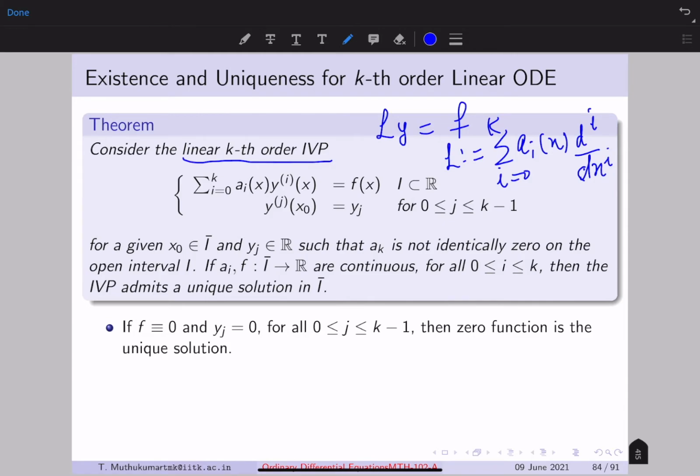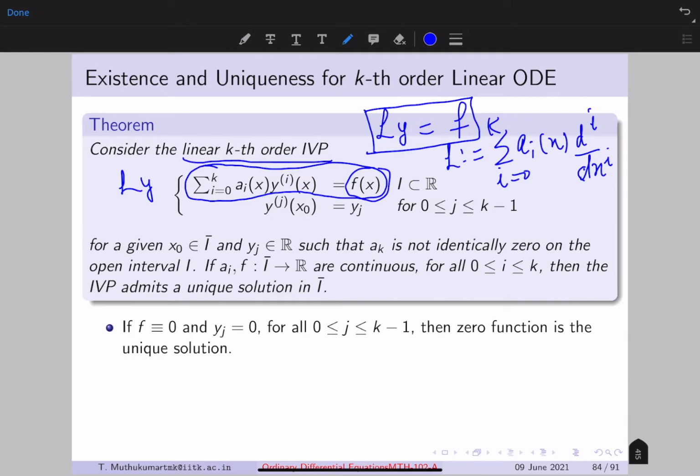So this is your L, and we said any ODE of this form is a linear ODE, and that's what we have here. What you have on the left hand side is L of y, and what you have on the right hand side is f.